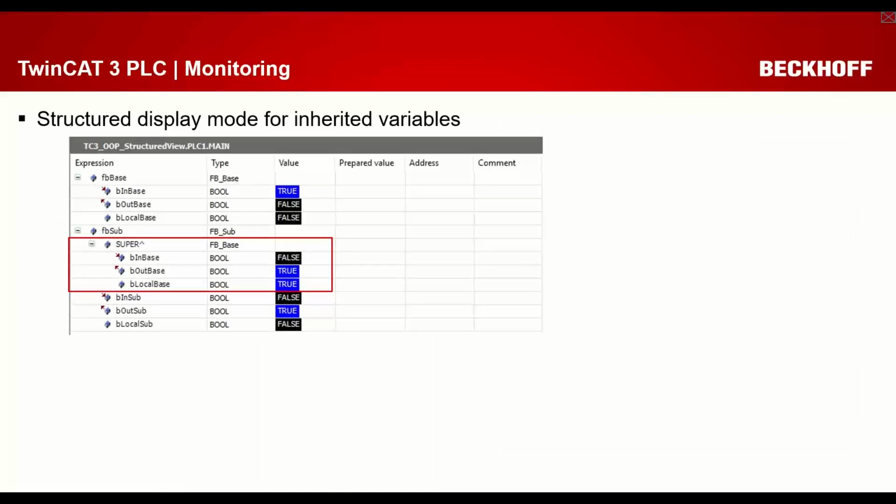If you're using object orientation a lot, this is also going to be very important for you because you can, in Build 4026, change the online display mode for variables of function blocks. So here we can see a sample where variables have been defined in the base function block.